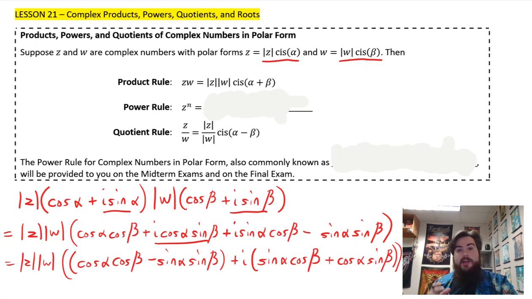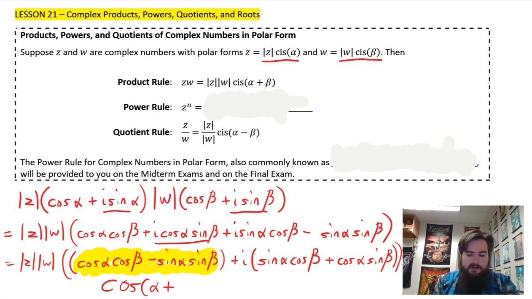Now the reason that I grouped these in this manner, and also reordered the last two terms there, is if I look at these pieces, cosine of alpha, cosine of beta, minus sine of alpha, sine of beta, that is the sum identity for cosine. That is cosine of alpha plus beta. Whereas sine of alpha, cosine of beta, plus cosine of alpha, sine of beta, that is the sum identity for sine.